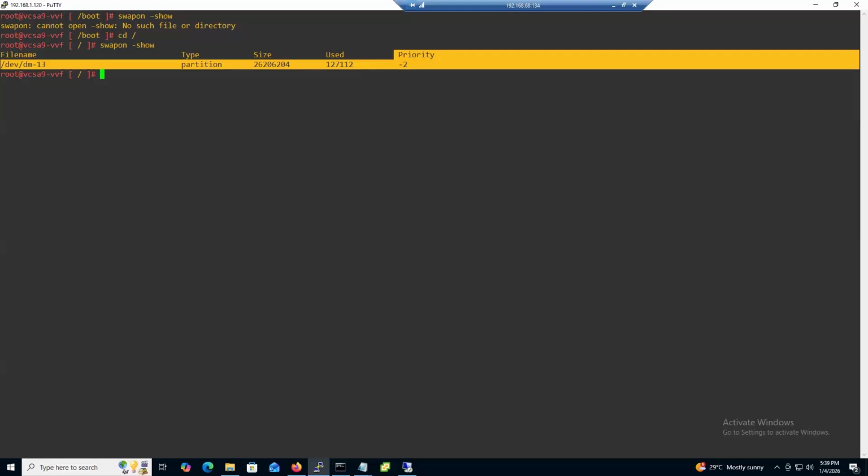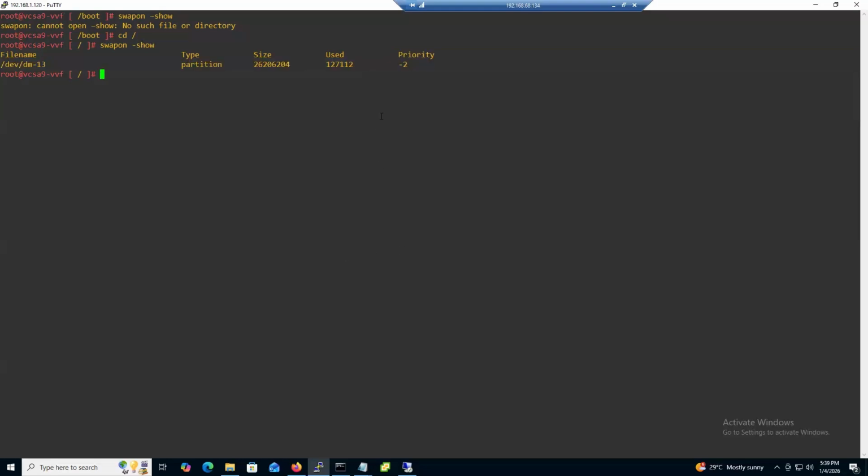Now we need to understand why we have swap priority and why it is mentioned as -2. The rest of the information we are able to understand clearly, right? This is a device, this is a partition, then size and used. Normally in Linux we can configure multiple partitions. For multiple partitions, we can define priorities, like which swap partition has to be used first, which swap partition has to be used second.